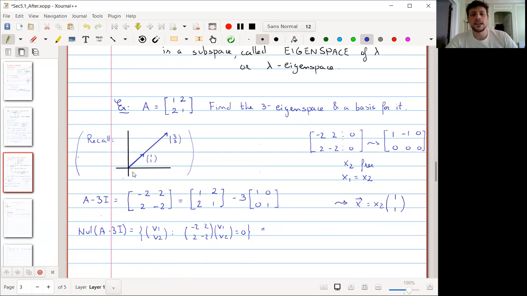This fits exactly what we found last time, in that we saw that (1, 1) was actually a 3 eigenvector. And by this computation, we now know that (1, 1) is a basis for the 3 eigenspace, and in particular, the null space of A minus 3I, which is the eigenspace, is the span of the vector (1, 1).